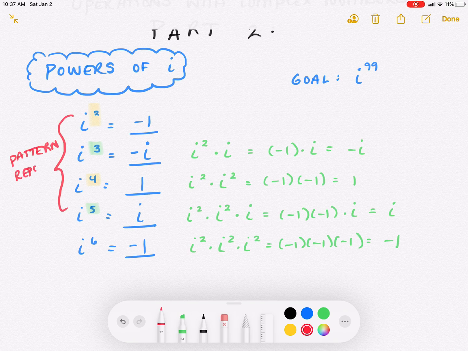Those are the only 4 results, as you're either going to get a ±1 or a ±i. So i to the 7th would be, if this is the same as i to the 6th, i to the 7th would be -1. And i to the 8th would be +1, and i to the 9th would be +i, and it's just going to loop and repeat over and over and over.